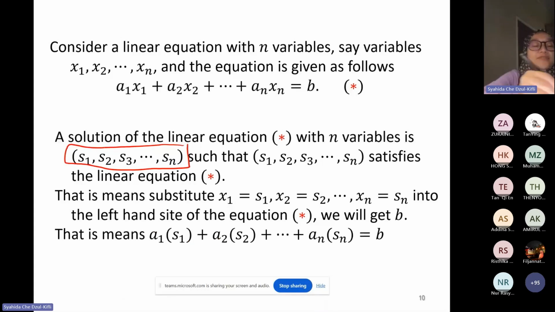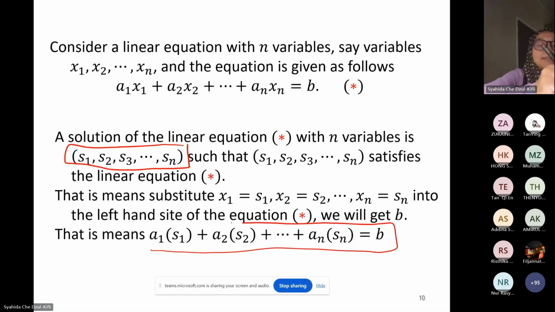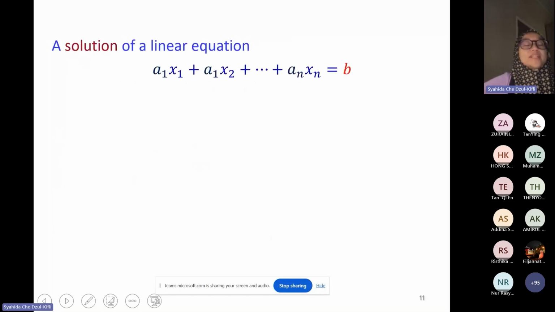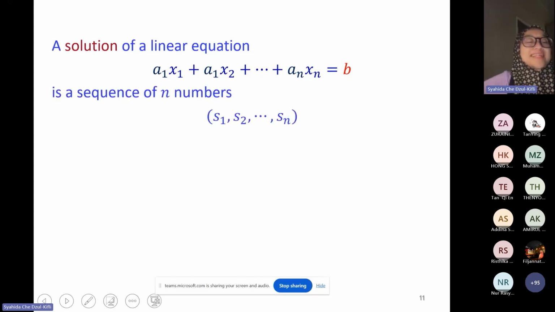The equation is satisfied means that the left hand side and the right hand side are equal. So in general, a solution of a linear equation is a sequence of n numbers.